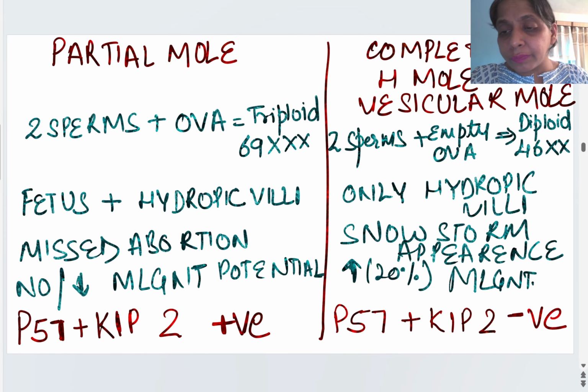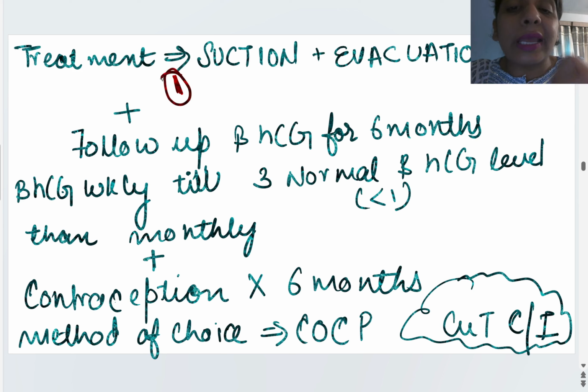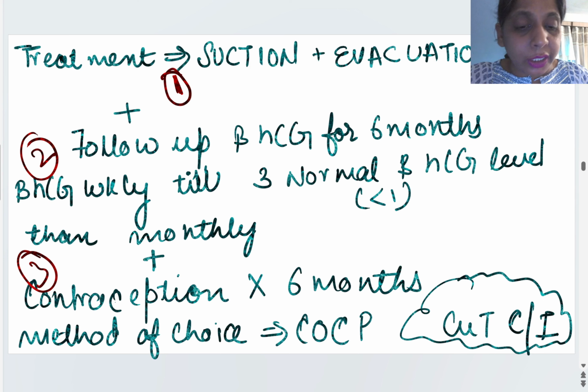Let's go to the treatment. What is the treatment of this? You have to learn this treatment in 3 steps. Number 1, suction evacuation. No D&C, no misoprostol, no prostaglandins, nothing. Suction evacuation, because large vesicles are there, and they can only be removed by suction evacuation.